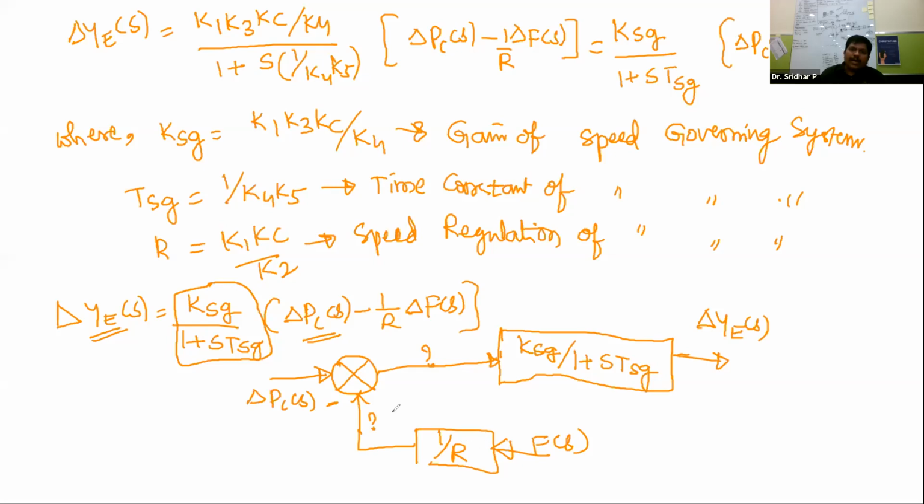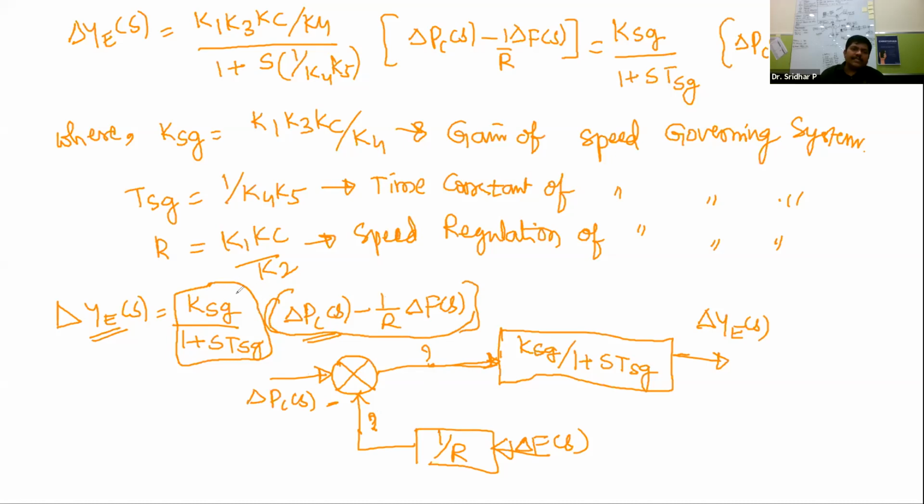So 1 by R into delta F of S comes here with the minus, plus delta PC of S. So the total input for this transfer function is delta PC of S minus 1 by R into delta F of S.